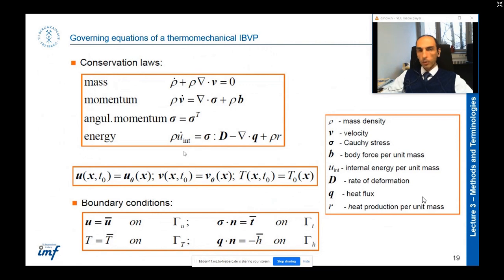I can say it's better to focus on metal forming simulations from now on. And of course, you have some initial values. You need initial temperature, initial geometry, and so on. These initial values are given by this equation to solve the problem.